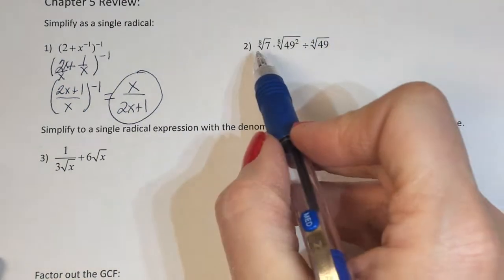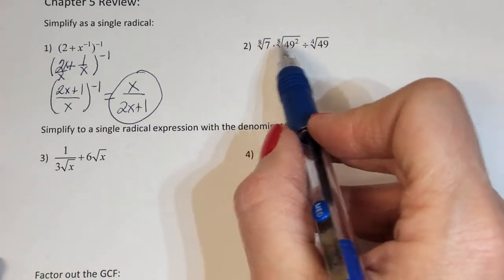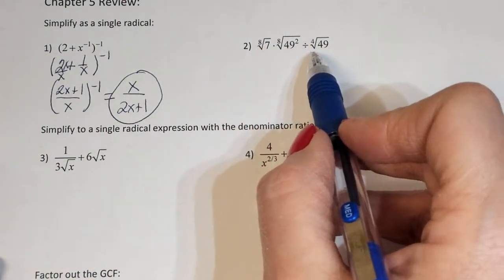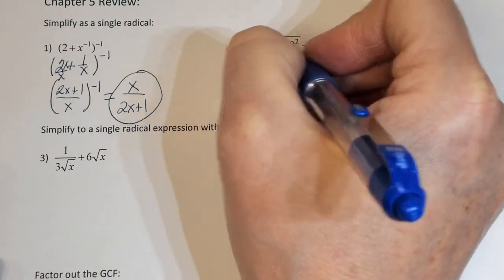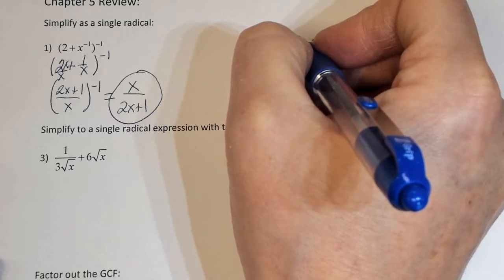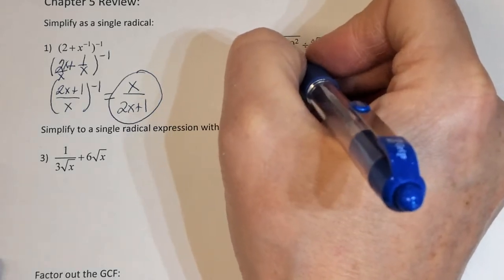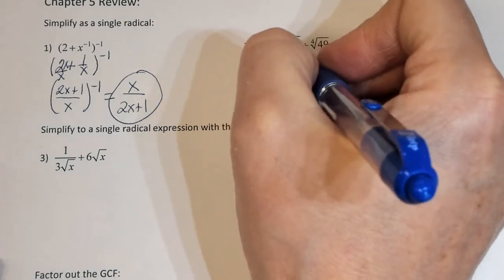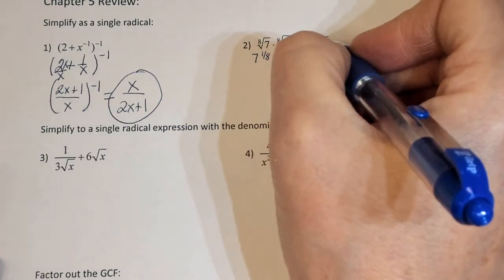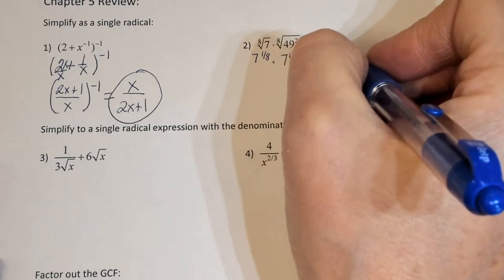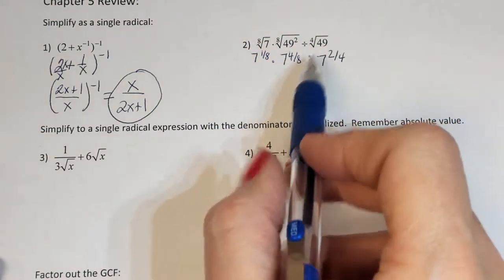For number 2, what do I have to do with this kind of a problem? Get a common base. This is 7 to the 1/8. This is 7 squared, so that's 7 to the 4/8, divided by, this is 7 squared in the 4th root. Think about this.